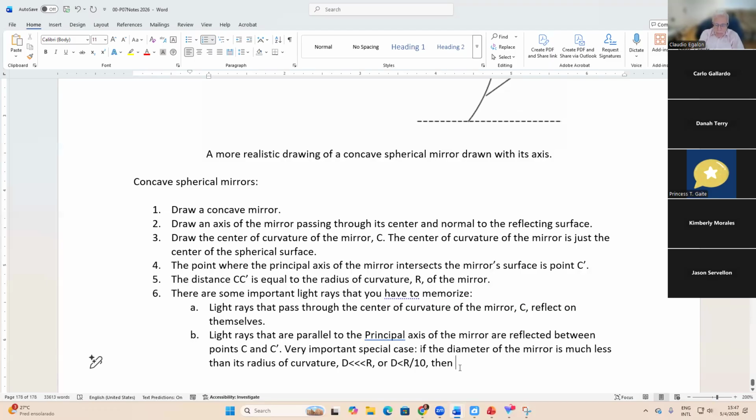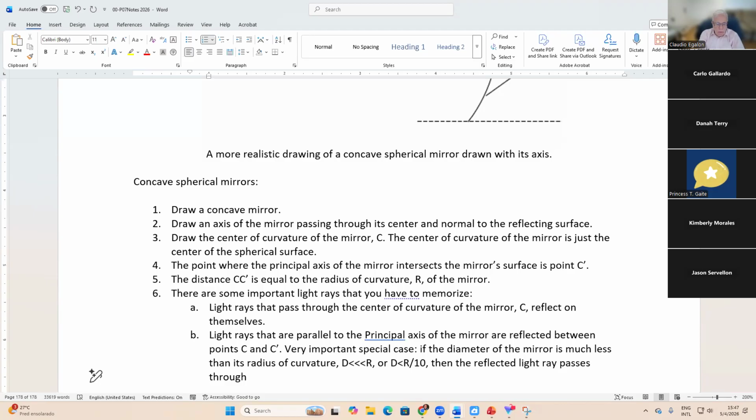Then the reflected light ray passes through the focal point F of the mirror. It's possible to prove that too. Okay, mathematics. We're not going to do that here.